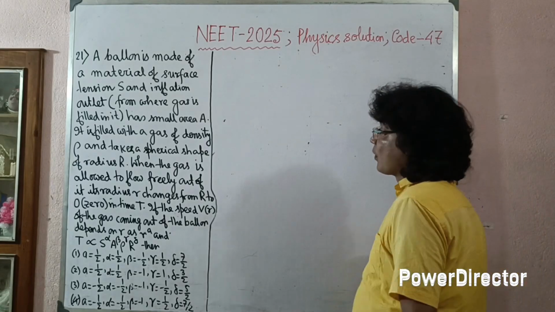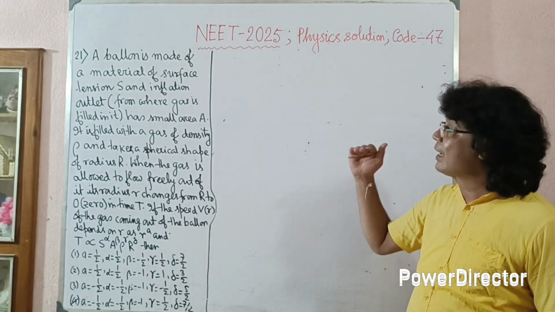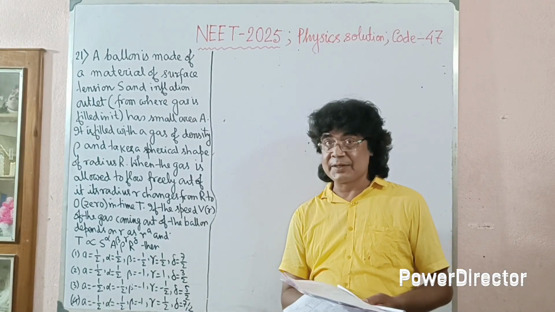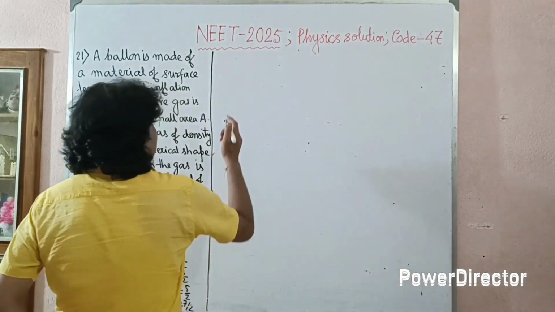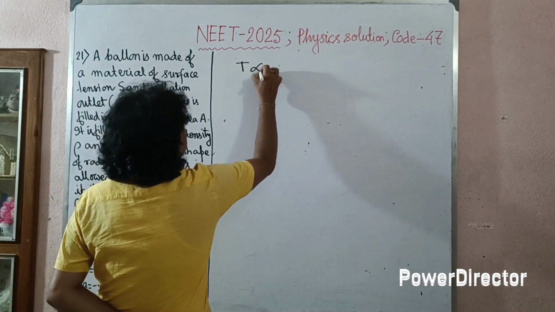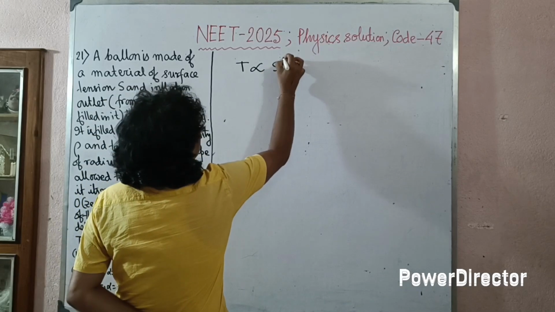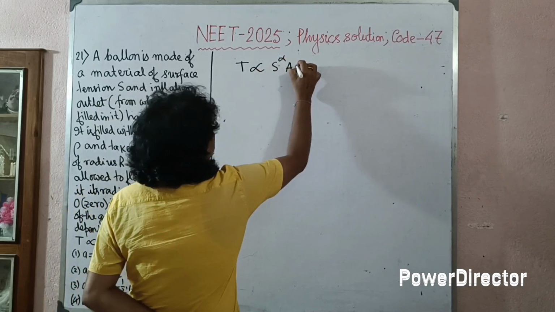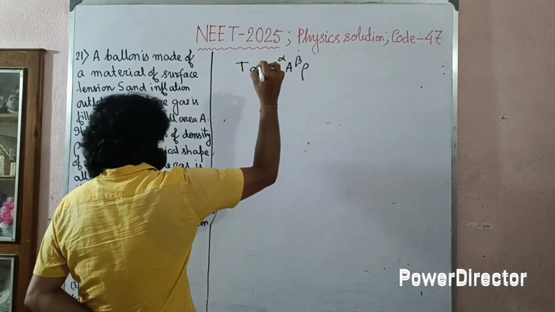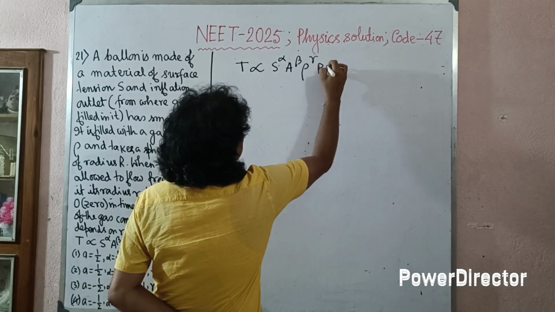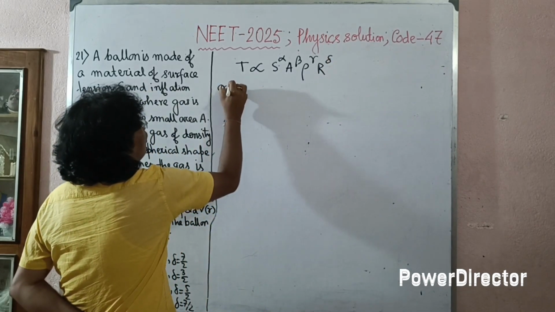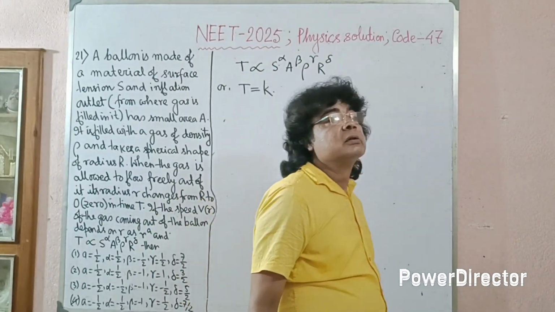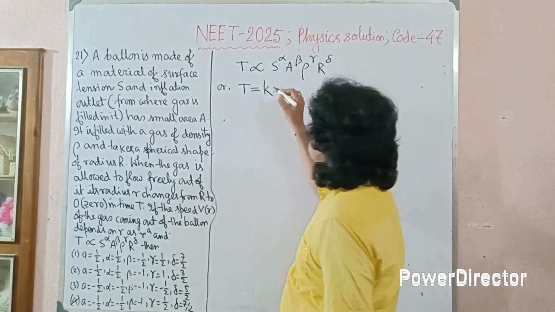Now look, in example we can solve this problem by dimensional analysis. So here T varies as s to the power alpha, capital A to the power beta, rho to the power gamma, capital R to the power delta, or capital T equal to a constant capital K. Capital K is a dimensionless constant.